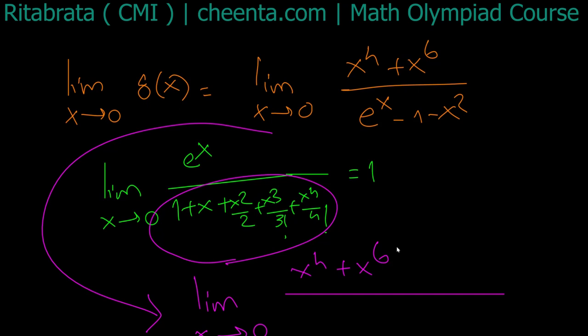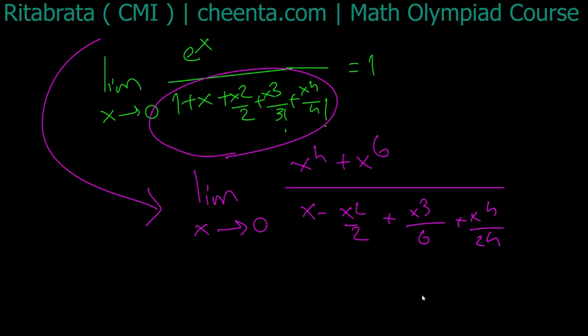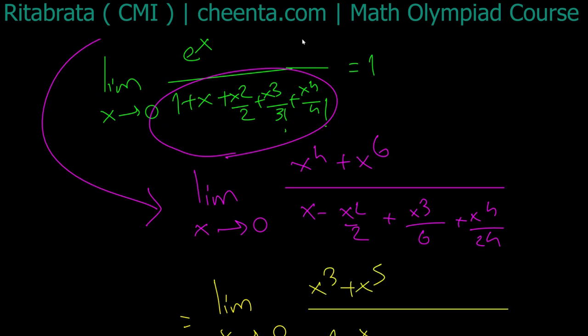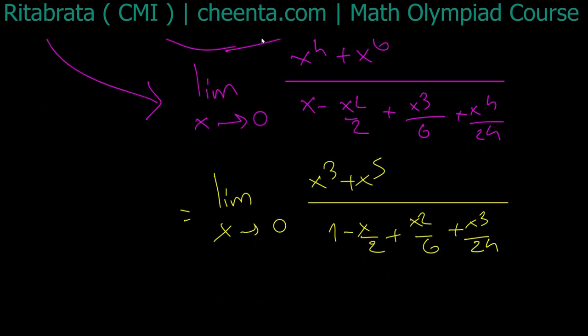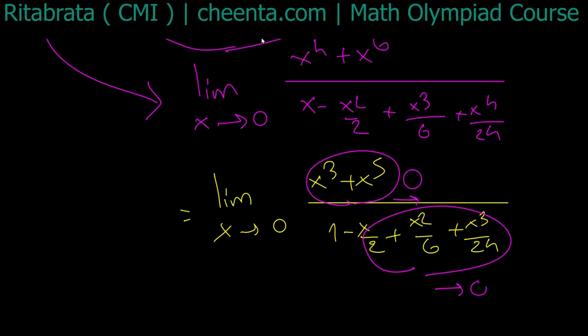So this is x minus x squared by 2 plus x cubed by 6 plus x to the power 4 by 24, and you can cancel one power. So this is just limit x tends to 0 of x cubed plus x to the power 5 by 1 minus x by 2 plus x squared by 6 plus x cubed by 24. And you see that as x tends to 0, the numerator goes to 0, and this part also goes to 0. So this goes to 0 by 1, that is 0.